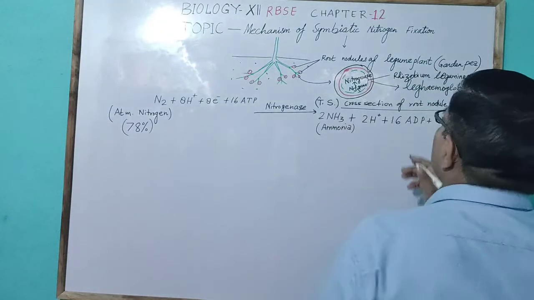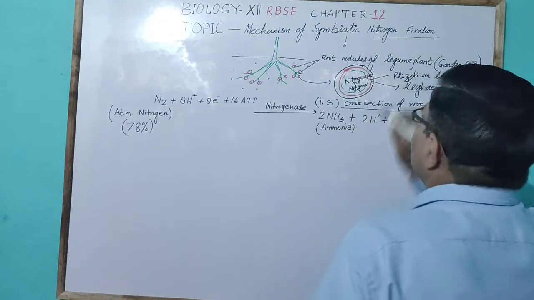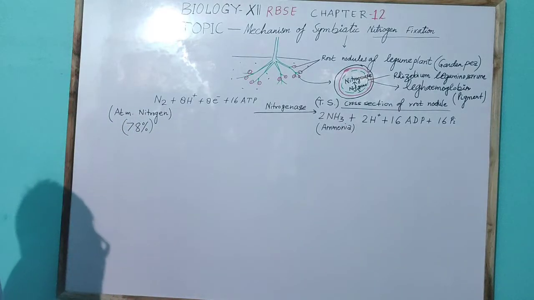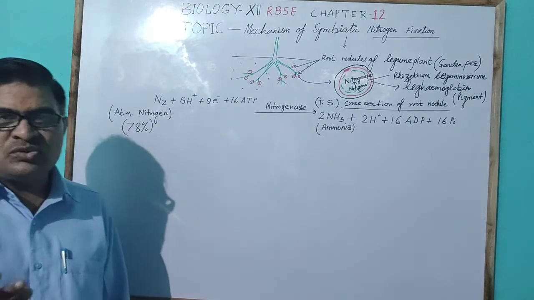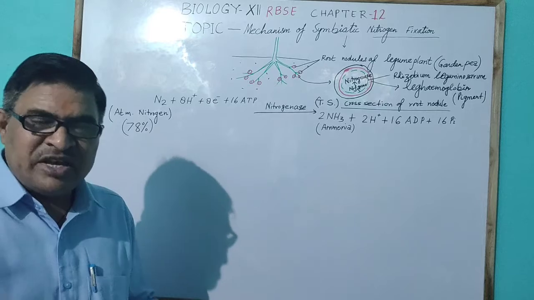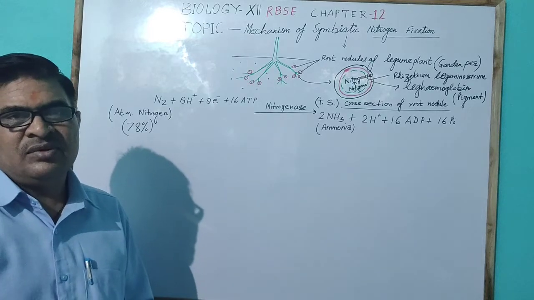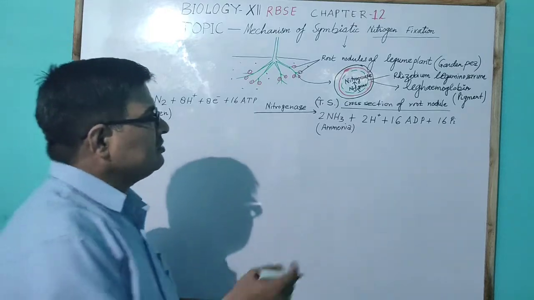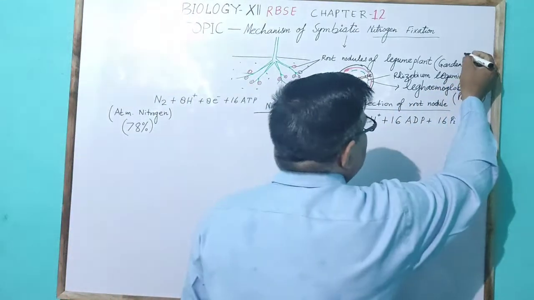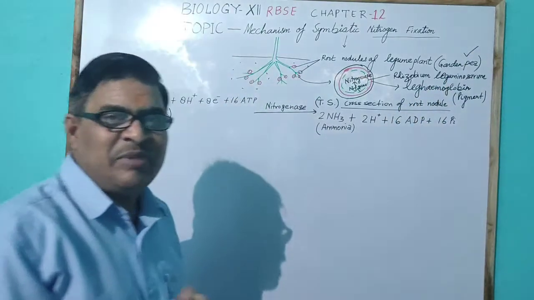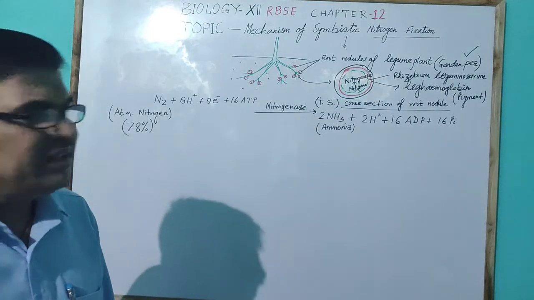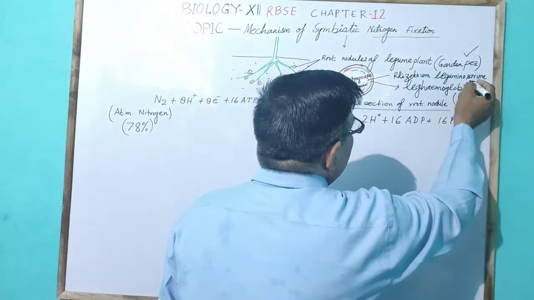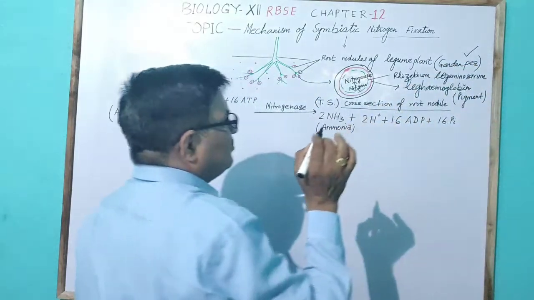This is called nitrogen fixation. But nitrogen fixation occurs due to the mutual cooperation of the legume plant, a good example being garden pea, and the bacterium Rhizobium leguminosarum.